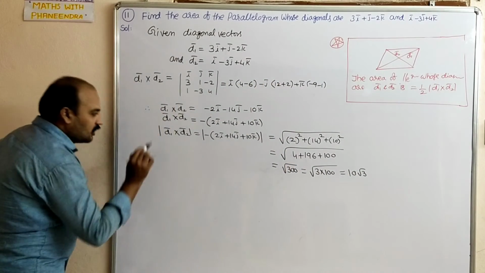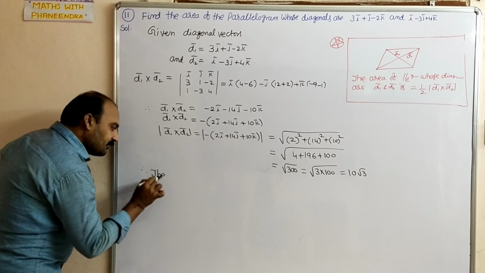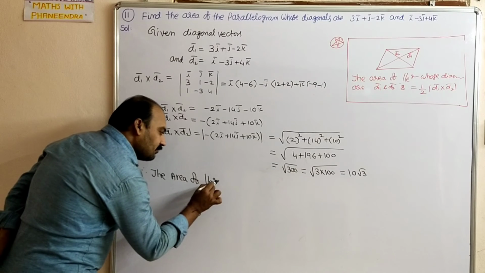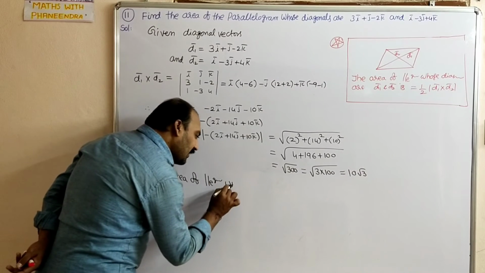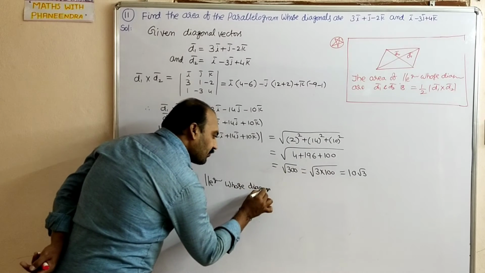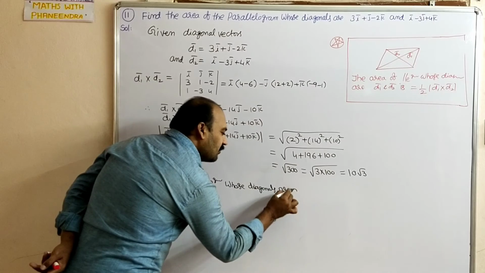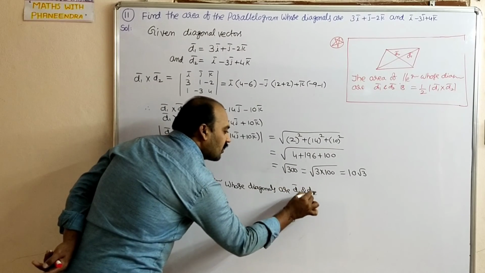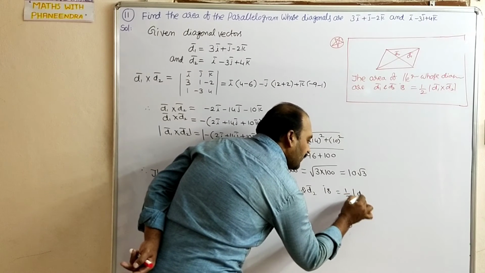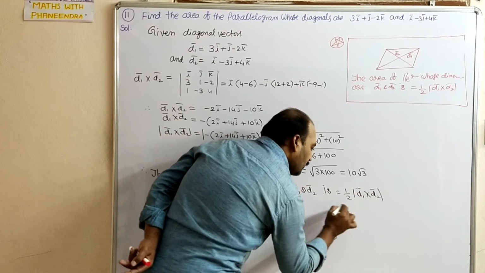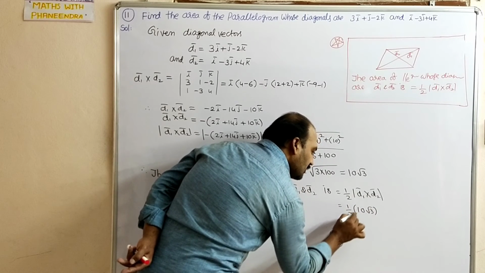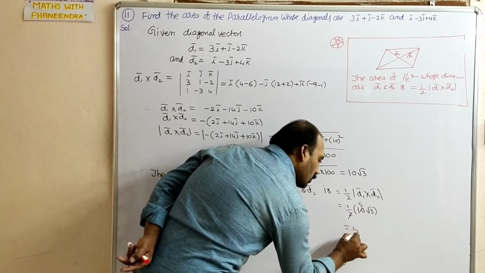Therefore, the area of a parallelogram whose diagonals are D1 bar and D2 bar is half into mod D1 bar cross D2 bar, which is equal to half into 10 root 3. So 2 ones are 2, 2 fives are 10, so 5 root 3.